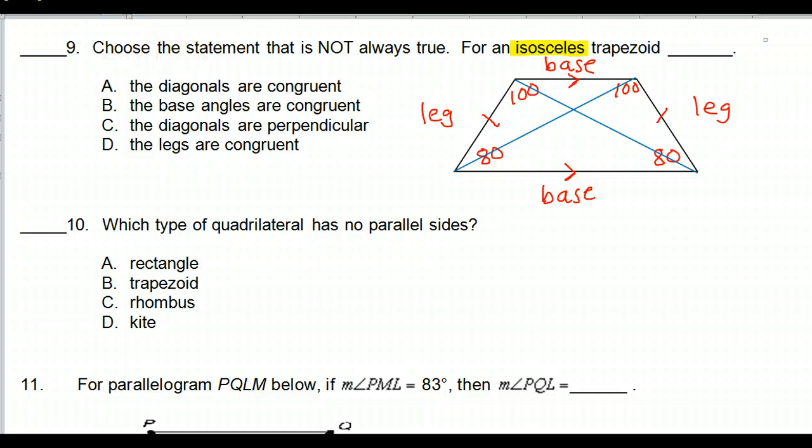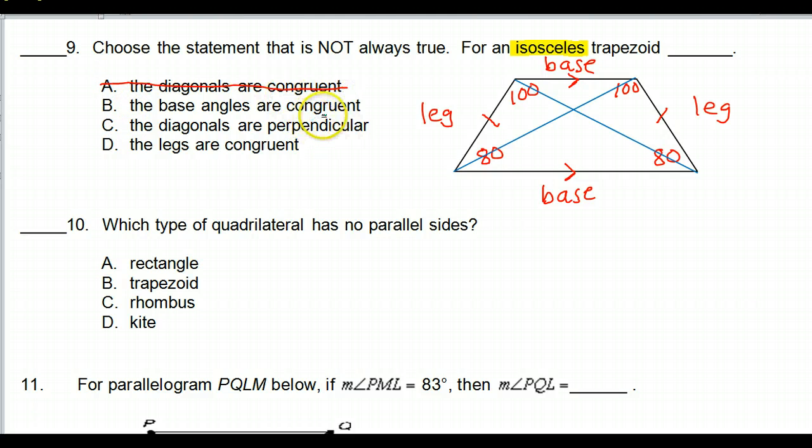So, now that we got that straight, let's look at the options. We're looking for the statement that's not always true. The diagonals are congruent. Well, that is always true. If it's isosceles, it has symmetry, the diagonals will always be congruent. So we'll cross that out.